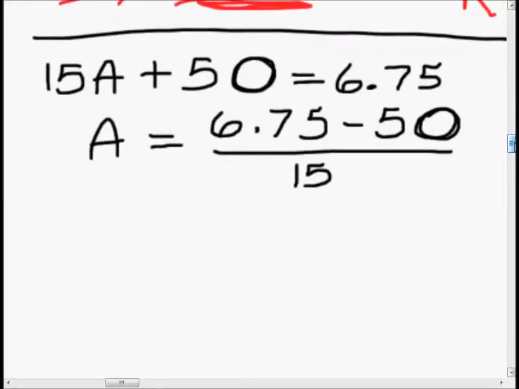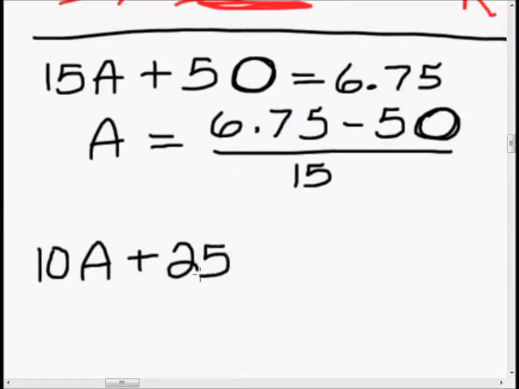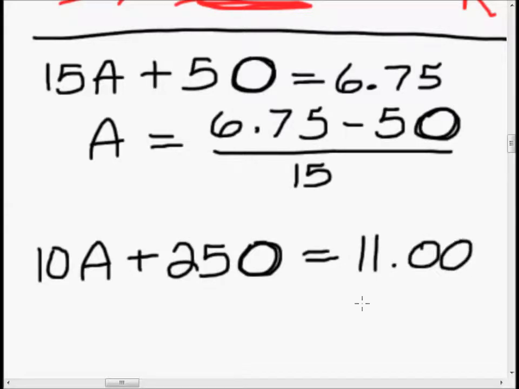So we're going to plug this A into the A in Harry's equation. So Harry's equation, just so we remember, is 10A plus 25 oranges equals $11. So let's go ahead and plug this A in here.